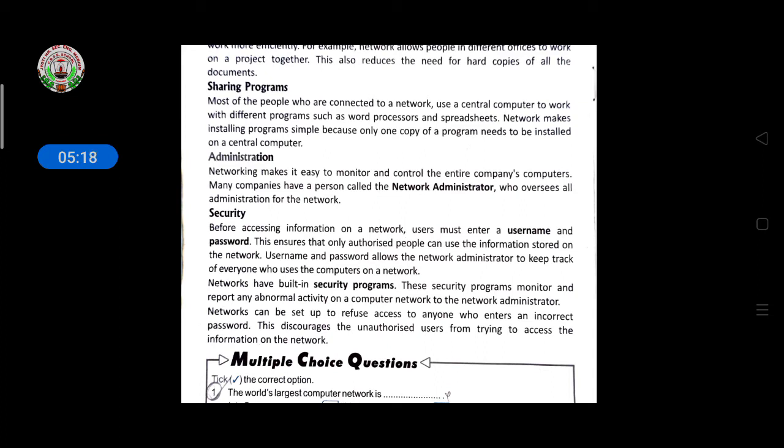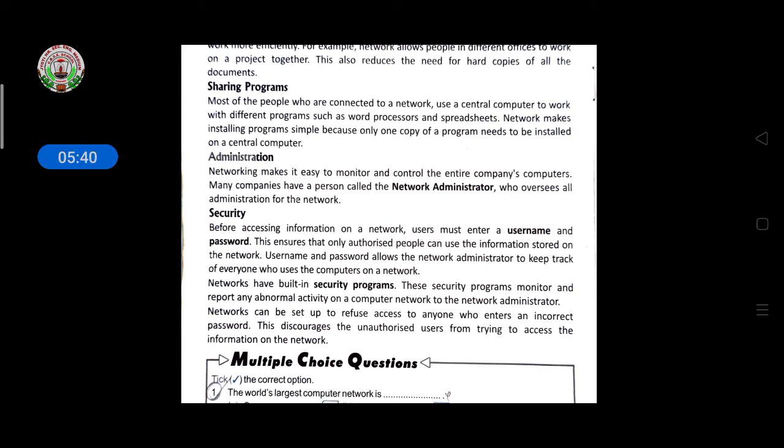Suppose there is a company, and the person who is monitoring and controlling the entire computers of that company is known as the network administrator, who oversees all administration for the network.